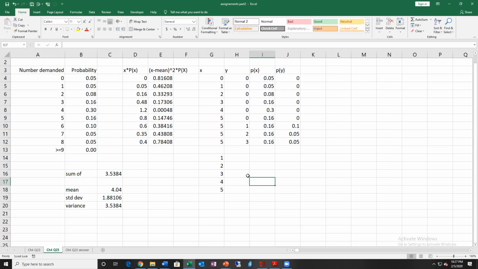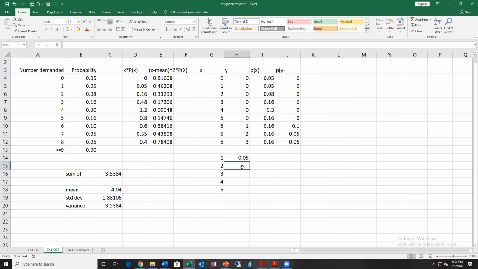What is the probability of getting a 1? I'm using these as lookup tables. It's 0.05, so put 0.05 there.